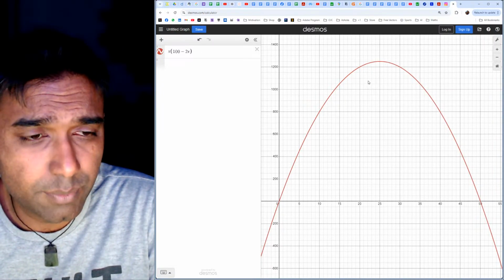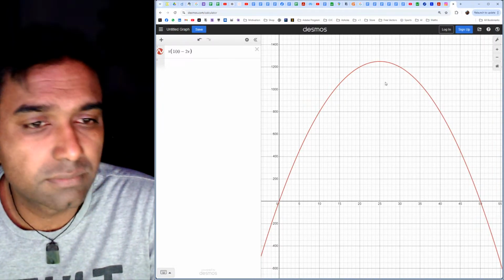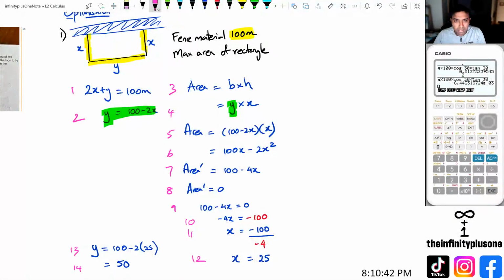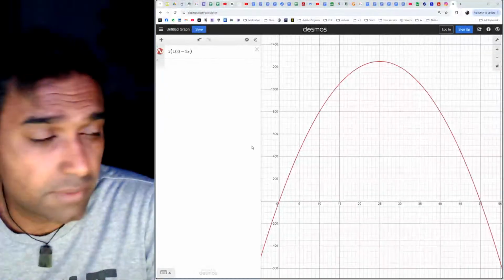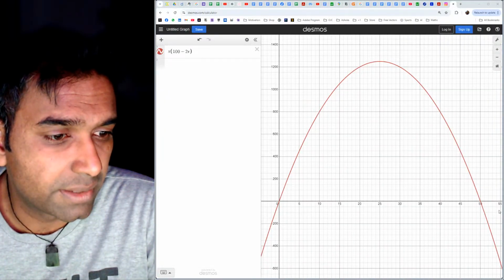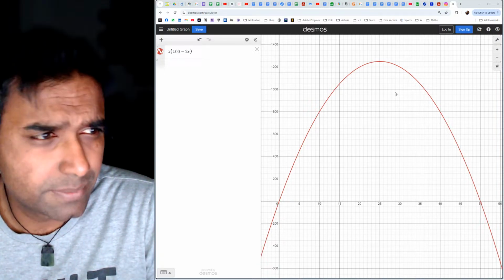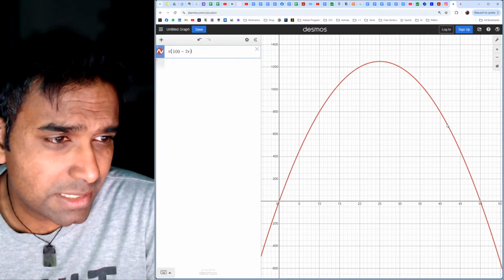So what you can see here is the graph of the area equation that we've just done here. The area equation was 100 minus 2x times x, so all I've done is plot that as a graph. You might remember this from last year when you did quadratics.